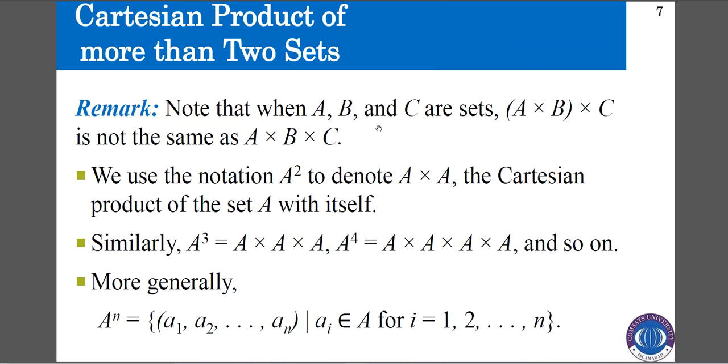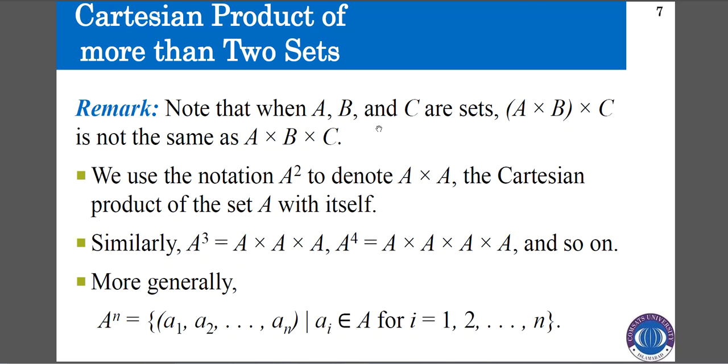Dear students, we have three sets A, B and C, and we can take the Cartesian product of the three in two different ways. If we first take the Cartesian product A × B and then take its product with the set C, it is not equal to taking the Cartesian product of the three simultaneously, A × B × C.